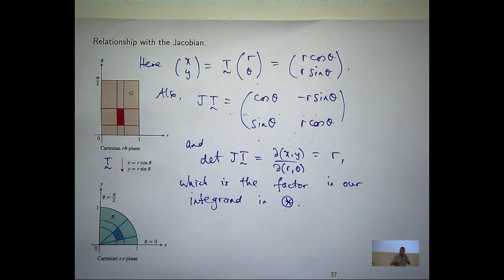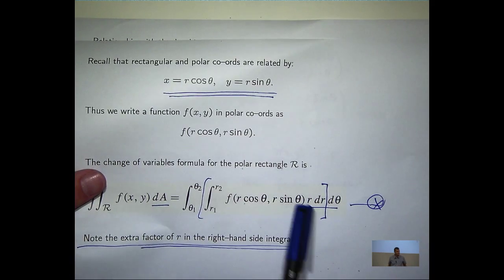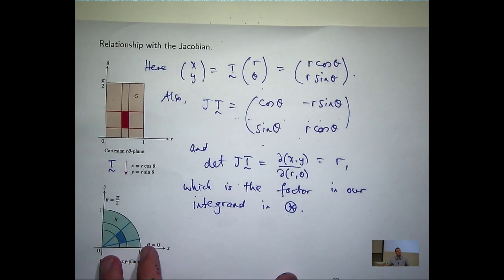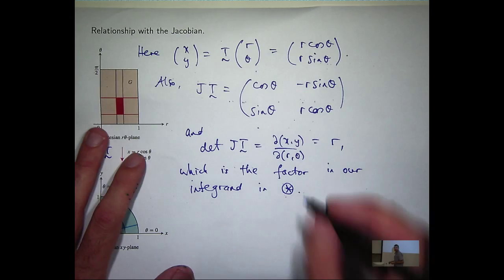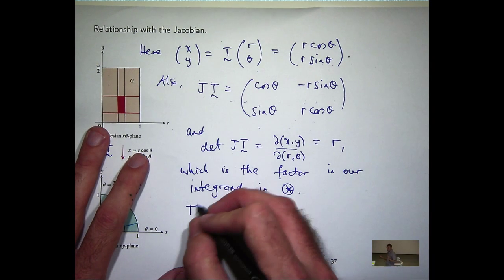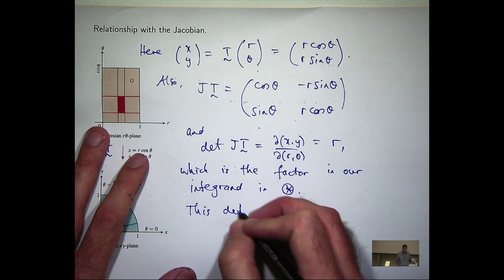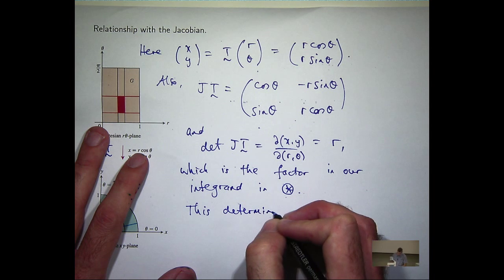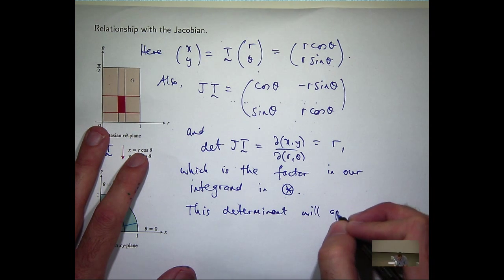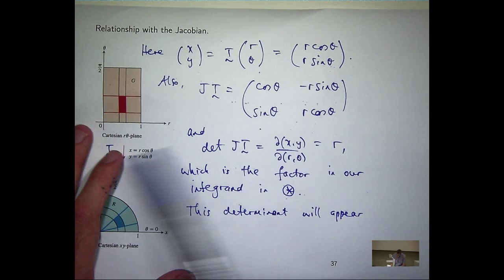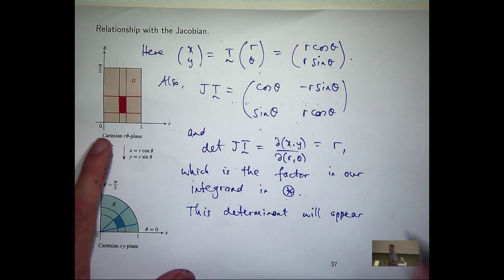So in the right-hand side of my starred equation, I've got that extra factor of r. The determinant will appear in general, depending on, of course, what coordinates you're using. It won't always be this r.